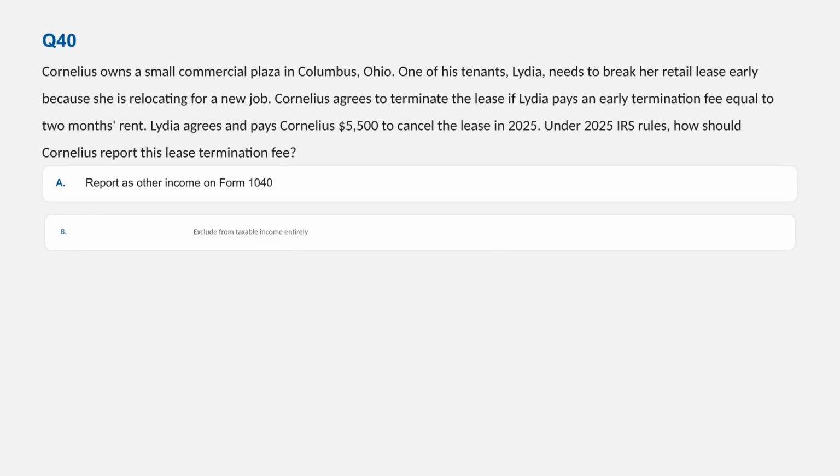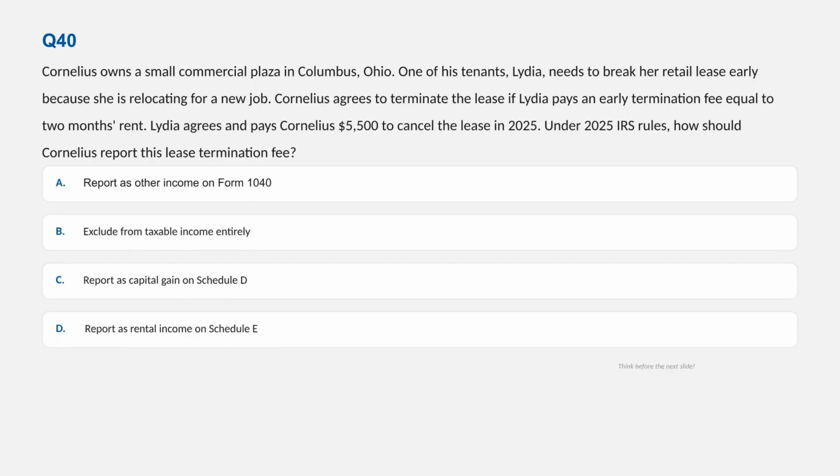Question 40. Cornelius owns a small commercial plaza in Columbus, Ohio. One of his tenants, Lydia, needs to break her retail lease early because she is relocating for a new job. Cornelius agrees to terminate the lease if Lydia pays an early termination fee equal to 2 months' rent.